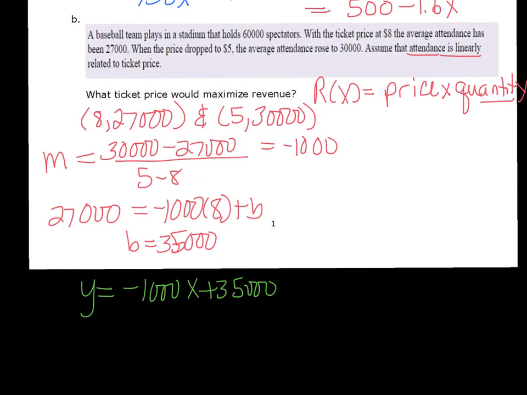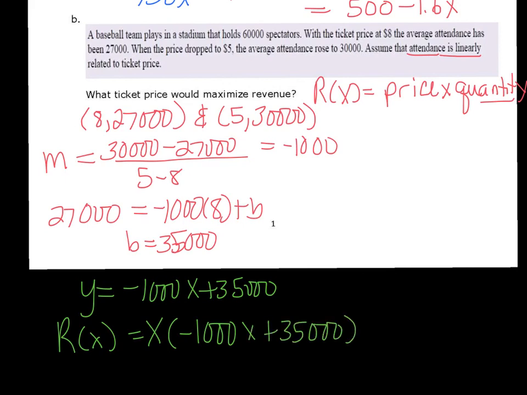So to get revenue, we just need to multiply that by the price, which is x. So x times that is equal to negative 1,000x squared plus 35,000x.